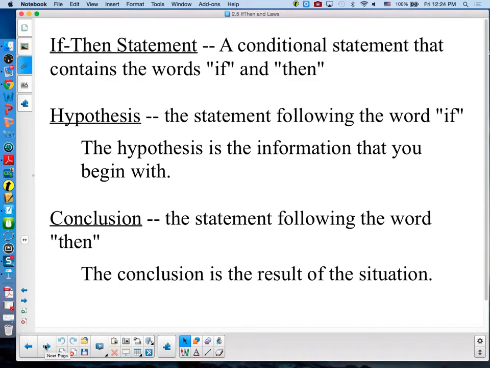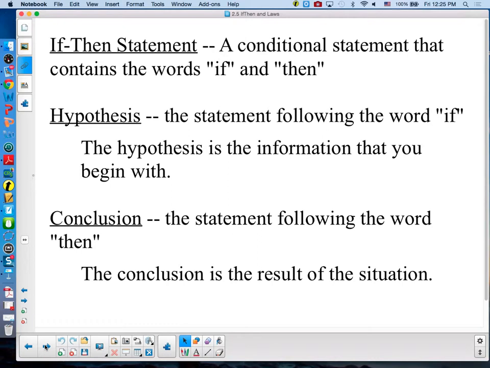An if-then statement is called a conditional statement. It contains the words if and then. The hypothesis is the part that follows the word if.